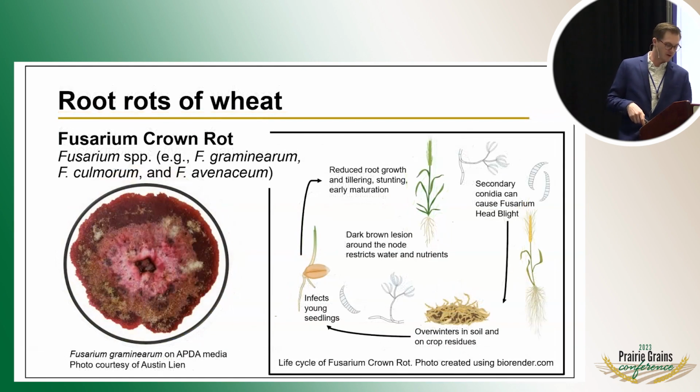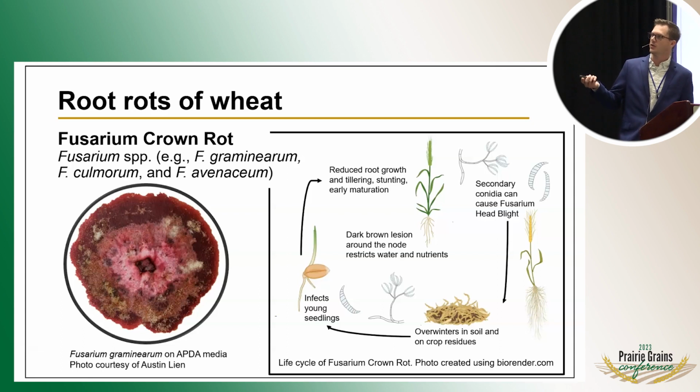The other disease that we wanted to look at was Fusarium crown rot, and there's actually several species involved with Fusarium crown rot, but one of the most common is Fusarium graminearum, and this is shown here in the first photo as well. And it's pretty similar. The life cycle is pretty similar, where it overwinters in soil and crop residue and also infects young seedlings.